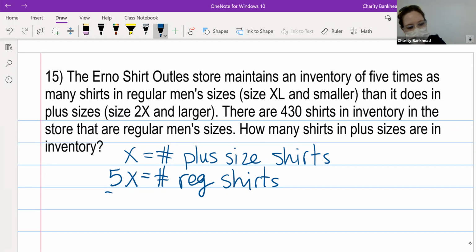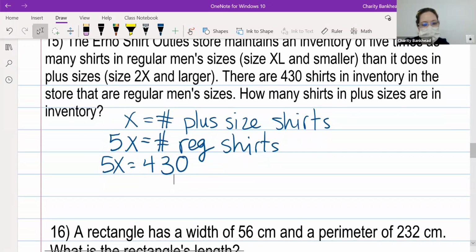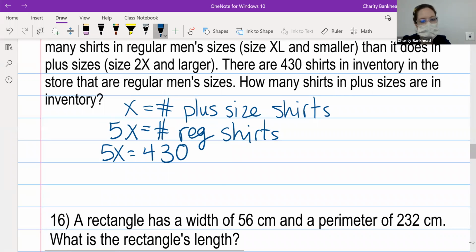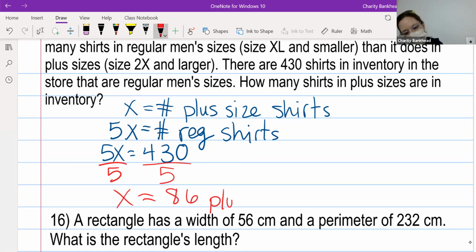So we could say 5x equals 430. And then that's our equation, and we can just solve that for x by dividing both sides by 5. So that would be 86 plus size shirts.